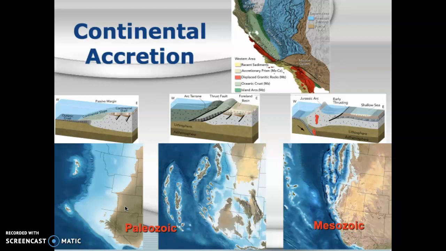And the picture in the upper right-hand corner of this slide shows you in different colors the ages of material and when they were added. The earliest stuff that we added is in blue, and then stuff that was added after that is shown in green, red, and yellow. And so continents build out through continental accretion at subduction zones, and so that's how we get larger and larger continents.